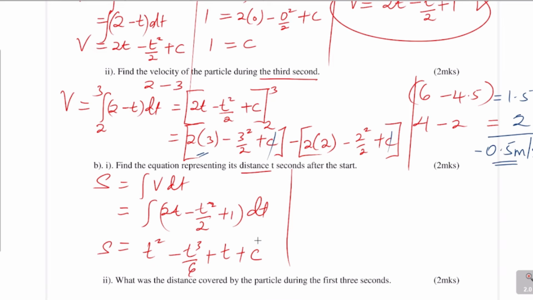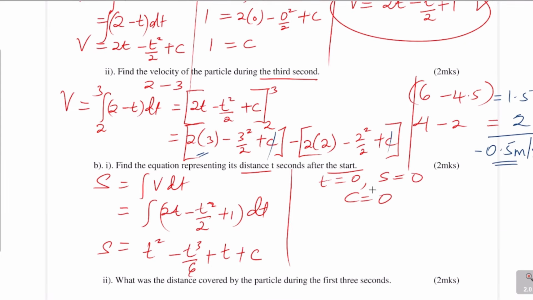Now once you do that, remember after the start, t of course was 0. And when you're beginning, distance will also be 0. So you shall substitute t is equal to 0 and s is equal to 0 in this equation for distance, and you remain with c to be 0.